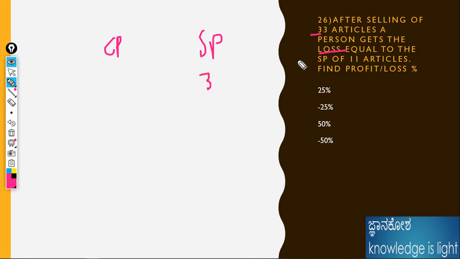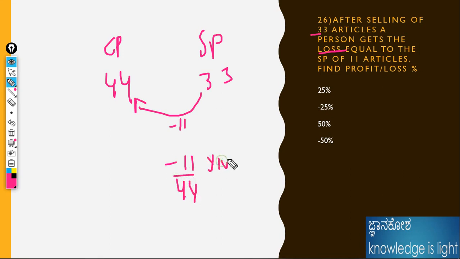So 33 should become 44. Why? Because the cost price should be higher. It should be 44 only. Therefore minus 11 divided by 44 into 100, therefore minus 25% is the answer for this question, friends.